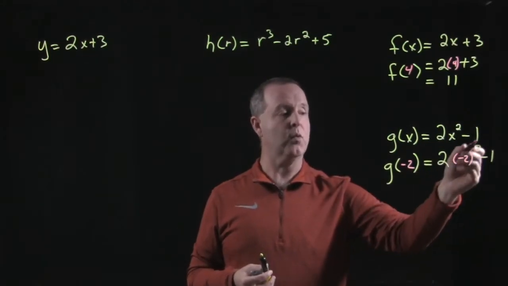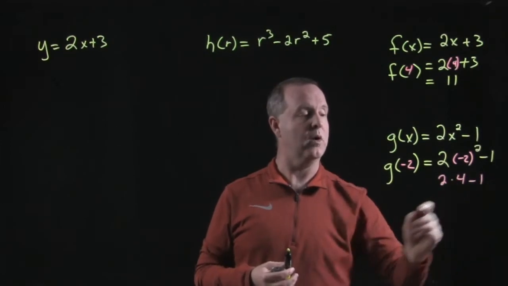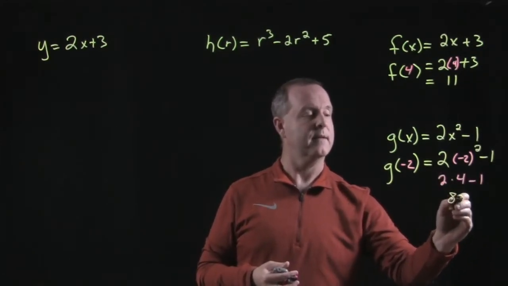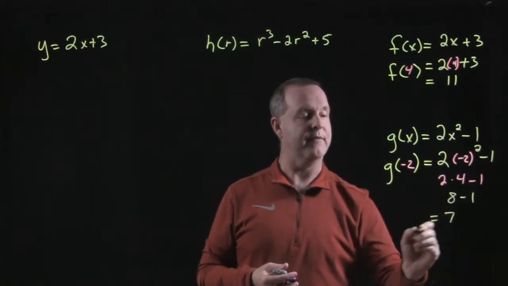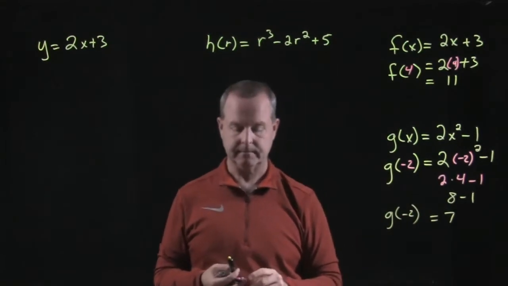Negative 2 squared is 4. 2 times 4 minus 1, I changed pens on us. 2 times 4 is 8. 8 minus 1 equals 7. So g of negative 2 equals 7.